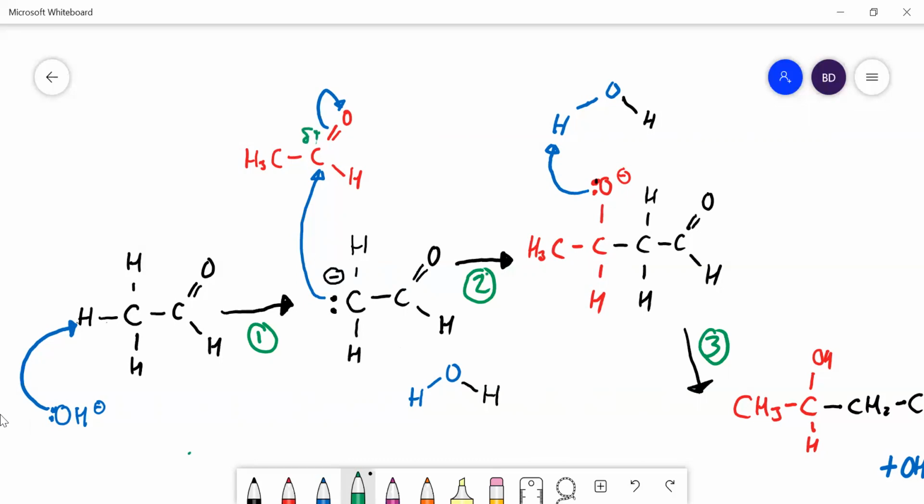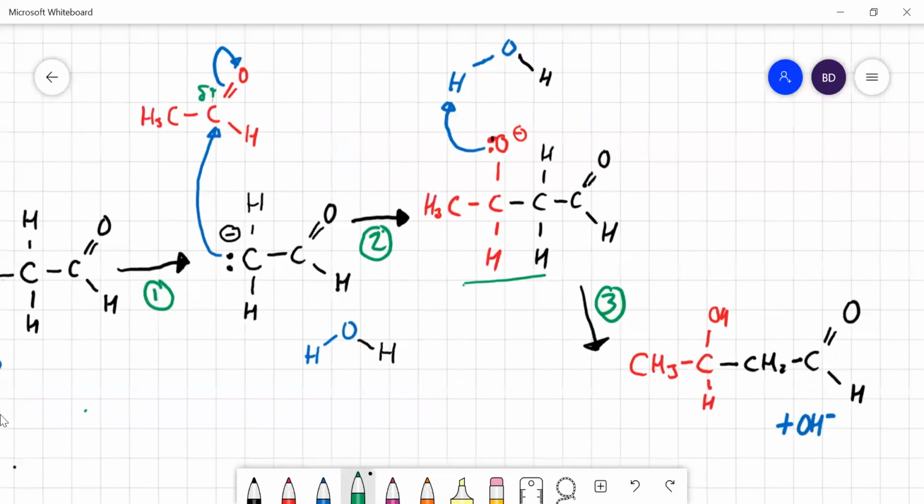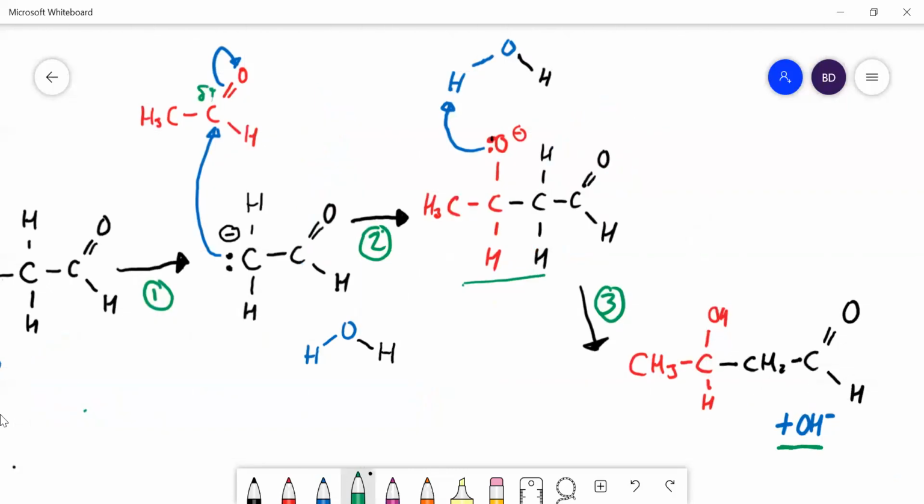So in step 2, that happens and you form this intermediate. And in step 3, this has got a negative charge on the oxygen. It's a strong base. It removes a proton from the water, and it forms the final product, and it regenerates the catalyst.